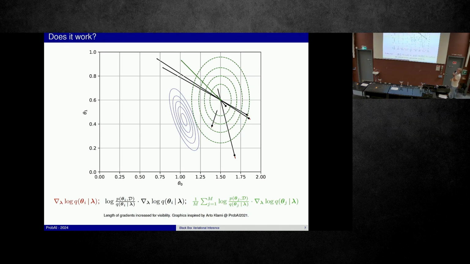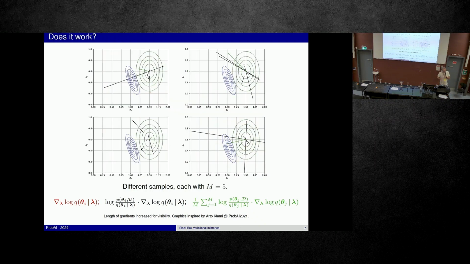So this green arrow is a sample that is on expectation correct, but here not so good. Again, you're giving me a good segue to the next slide.